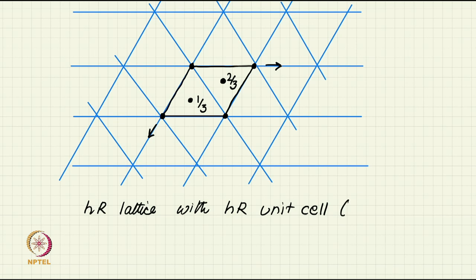This is the hexagonal setting, known as hexagonal setting, just to confuse you. Okay. So, this is an HR lattice, hexagonal rhombohedral lattice. So, the lattice is rhombohedral, but the setting is still hexagonal. We will see what is the rhombohedral setting soon.